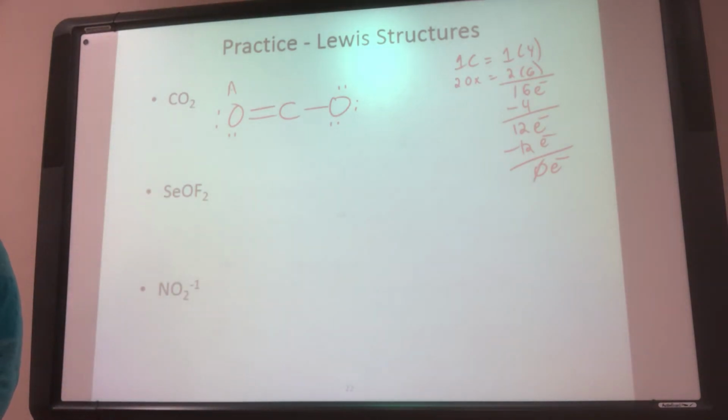I could choose from A, which would be moving here, and then I would have a triple bond. Or I could move from B, and it would look symmetric.